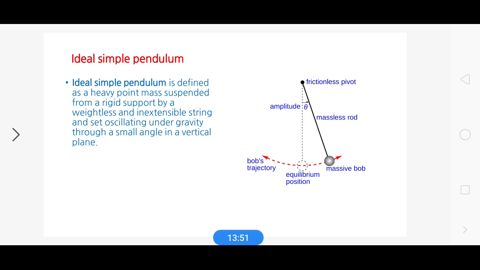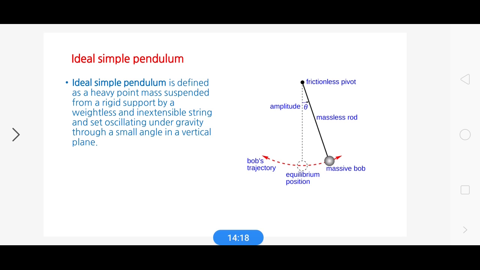And observe the bob's trajectory. It is a parabola and it is moving through the small angle theta, and the equilibrium position of the bob is also shown in the figure. And the maximum displacement is nothing but the amplitude of the simple pendulum. So this is the ideal case.